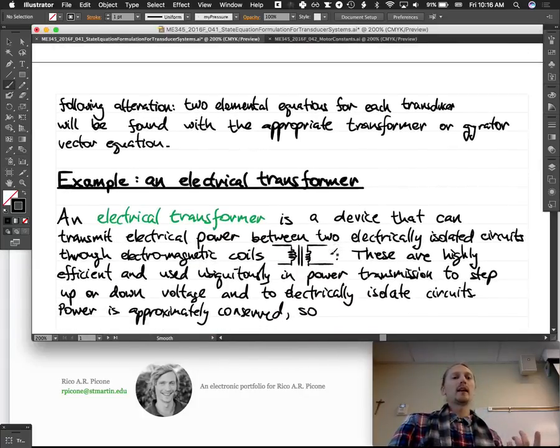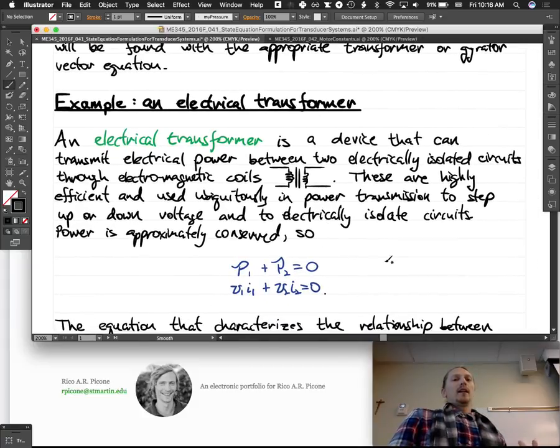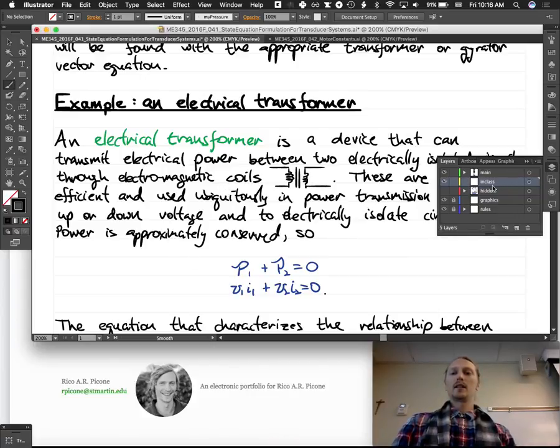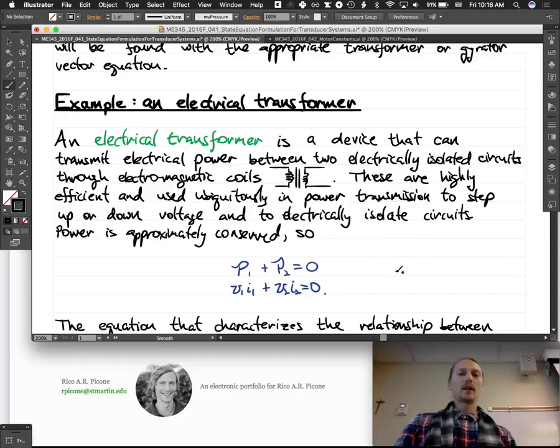So let's do an example. An electrical transformer is a device that can transmit electrical power between two electrically isolated circuits through electromagnetic coils. And so we use this sort of symbol.